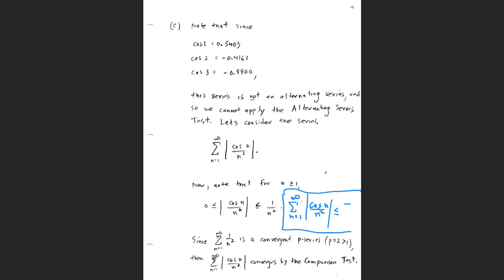That series is less than our p-series, by virtue of this inequality here. So if our p-series converges, then this series here has to converge. That's the idea.